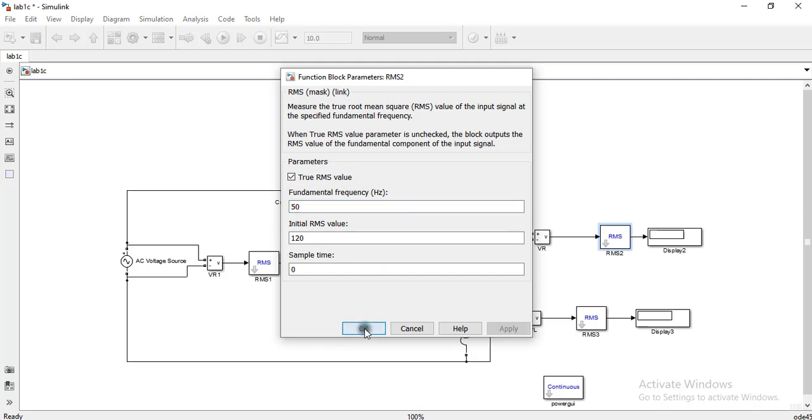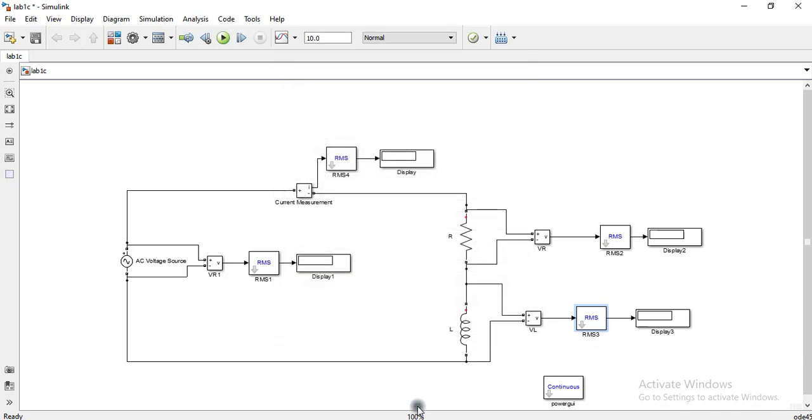It's better to change at the first place and then copy its block, so that you do not have to replace all the frequencies. Okay, now let's run it for 1 second.